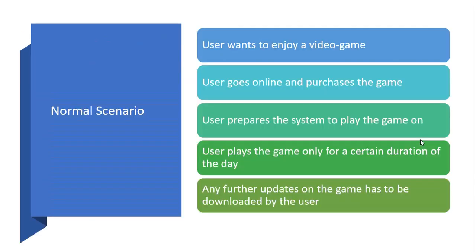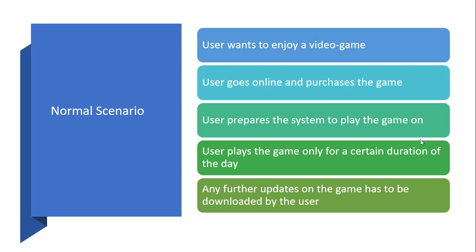Now let's talk about a normal scenario where a user wants to enjoy a video game. What does the user do? The user goes online and purchases the game, right? So he has to pay a price for the game. He purchases the complete version of the game. He has to pay the required price, and then he has to set up the game on his system. In order to do so, he needs to prepare his system to play the game on.